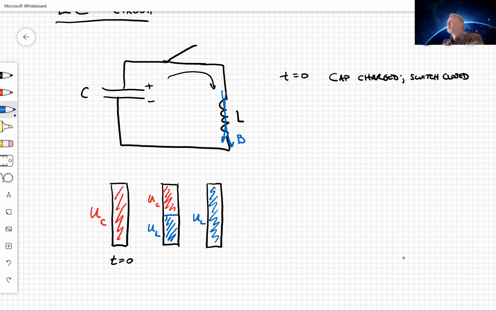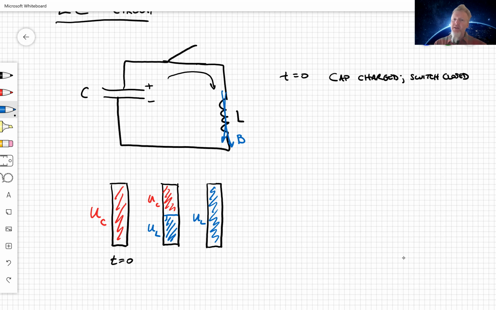The B field of the inductor, right? The current peaks, there's no change, and then it says, hey, there used to be a change in the current. The current used to be going up. And so the inductor goes, hey, wait a minute, I want to keep that current going up.